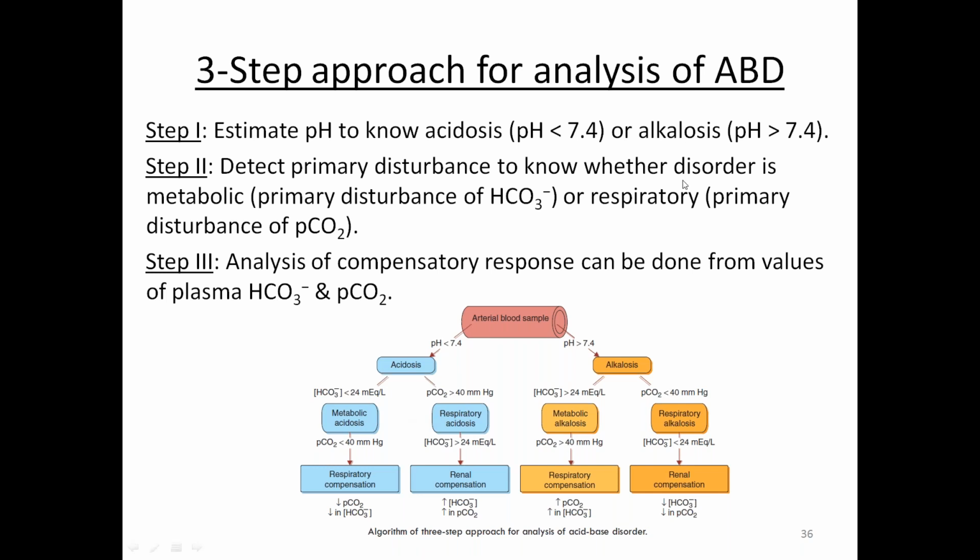Now, another example. If pH is 7.6 and I tell you that bicarbonate is 32 and PCO2 is 24. Do we know what is the primary disturbance here? No, again we can't say because two things are operating together. So your bicarbonate ion is also increased, leading to metabolic alkalosis.